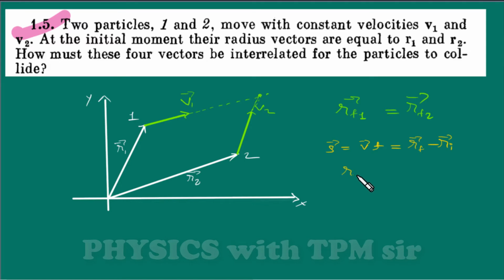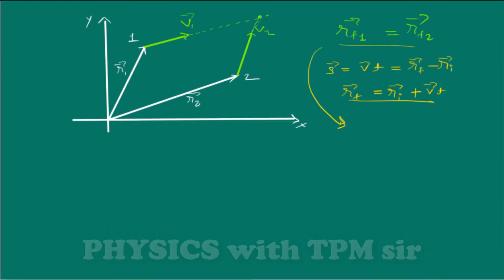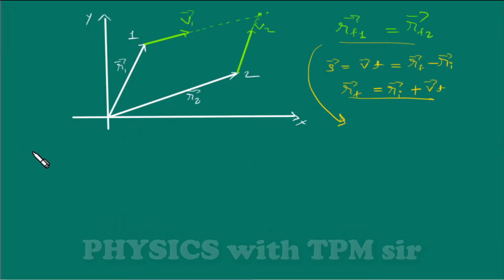So the final position of any particle can be written as initial position plus v into t, whatever the time is. Let's use this. The final position of 1 must be equal to the final position of 2.